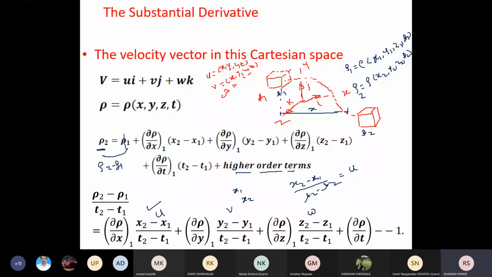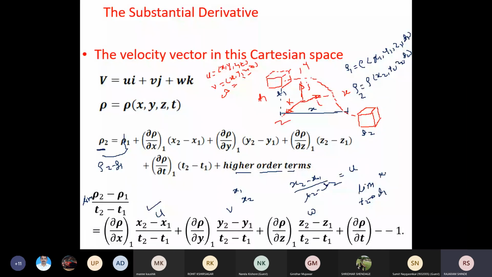If your particles are very small and time is tending to, that is t2 is tending to t1, when we take the limit of t2 tending to t1, you will get here x2 minus x1 divided by t2 minus t1, this is equal to u.